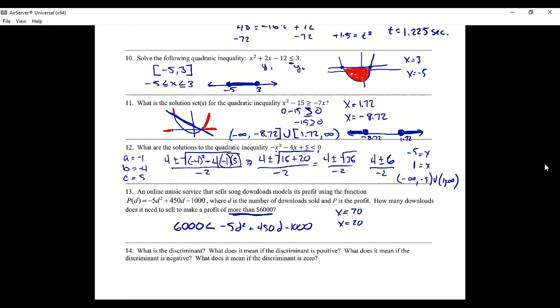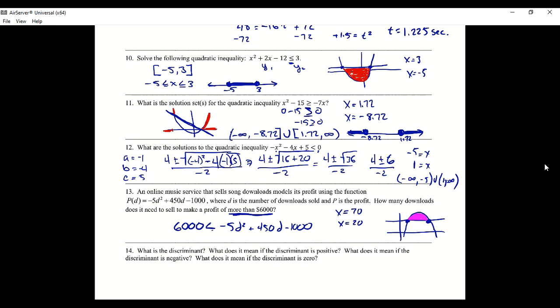Now, we can see graphically, we're looking for the point. So we have this, not to scale. A parabola looks like this. We have a line that looks like this. So we're looking for above, greater than 6,000. So again, we're looking for this region right here. Therefore, we're looking for the interval between our two endpoints.